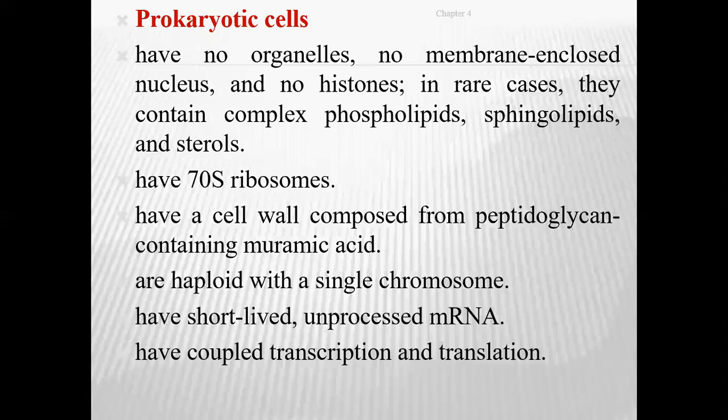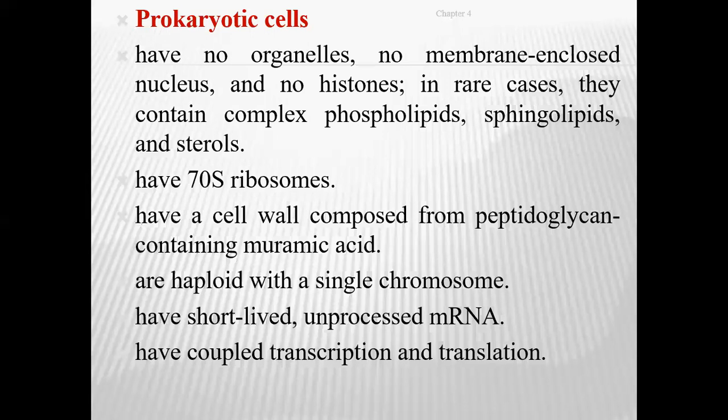Now, prokaryotic cells, including bacteria, have no organelles and no membrane-enclosed nucleus. This means there is no true nucleus and no histone. As you know, the DNA of eukaryotes has a protein called histone.